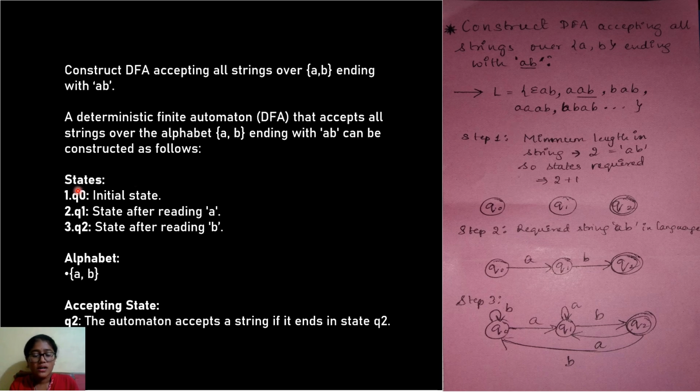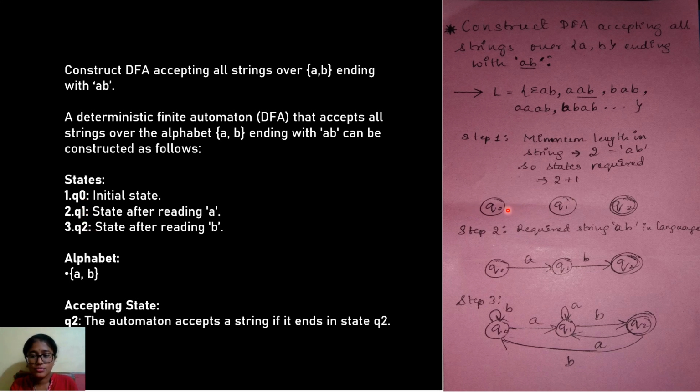So the states required is 3, because we have two strings which are to be present in our transition diagram. So we would have 2 plus 1, that is 3 states, and our initial state is q0, followed by the states q0, q1 and q2.